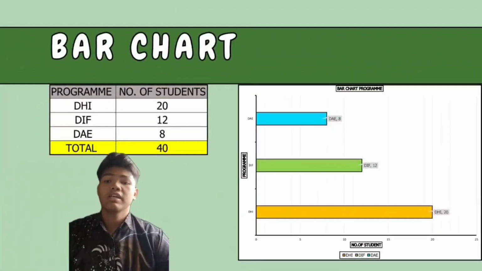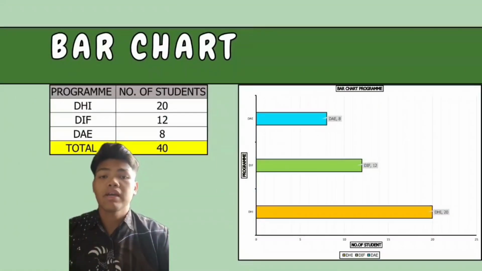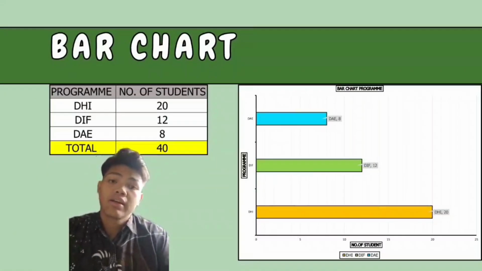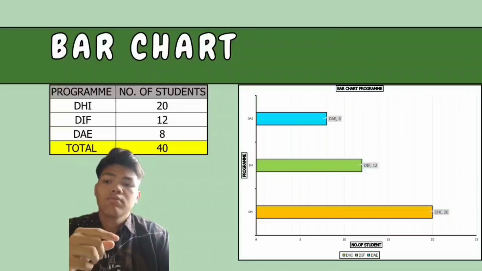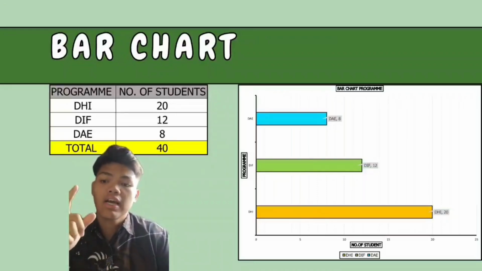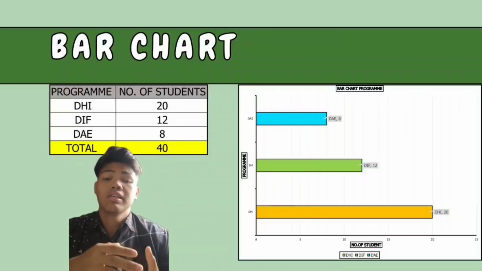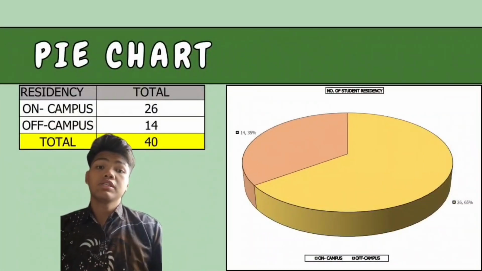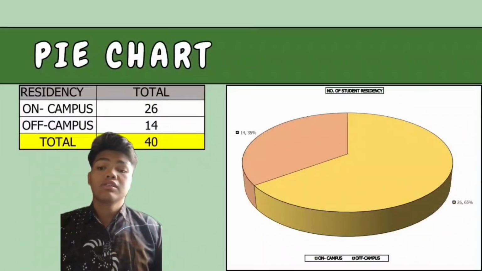On the bar chart, we have the program and the number of students. If you look at the graph, DAE has 8 students, DIF has 12 students, and DHI has 20 students. So the sample we select is 40. Our next slide is a pie chart of student residency, on campus and off campus.